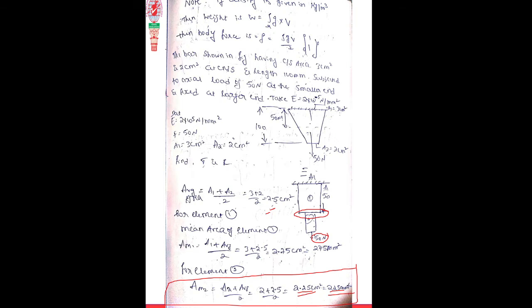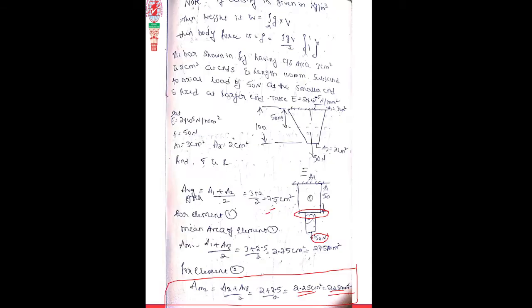Similarly, calculate K2. It is 9 into 10 power 5. Yes, correct. Now keep 10 power 5 outside and multiply by 9 inside.